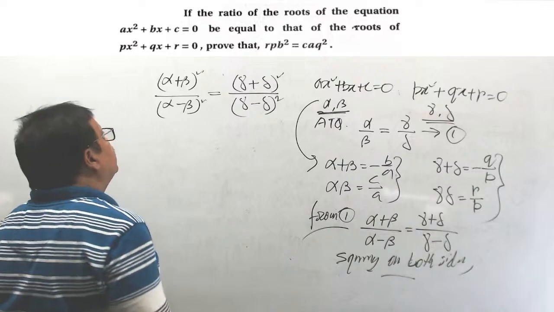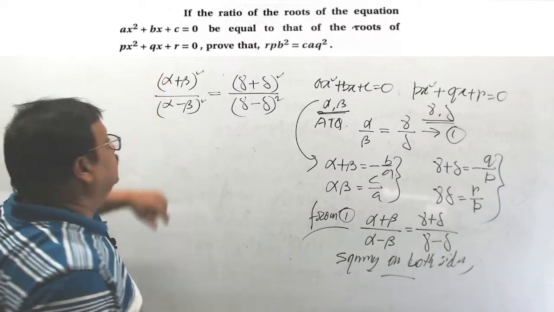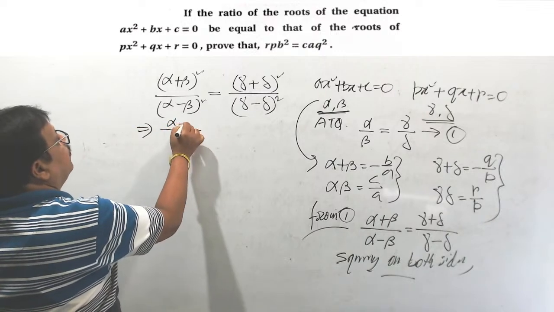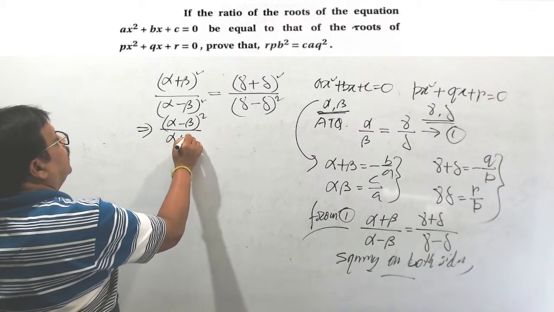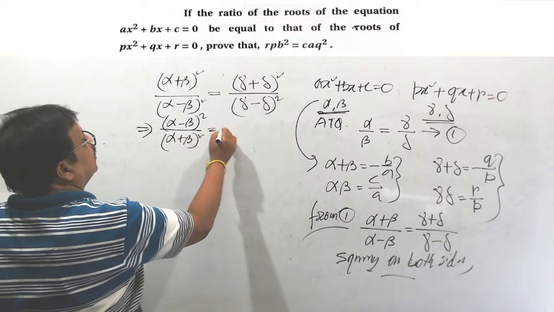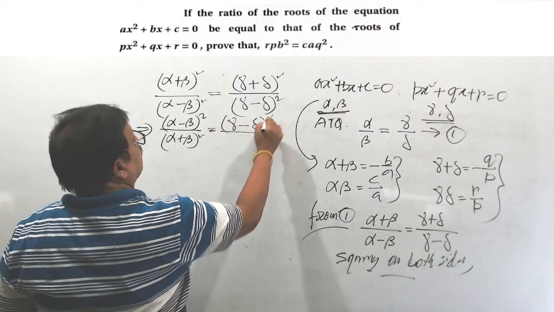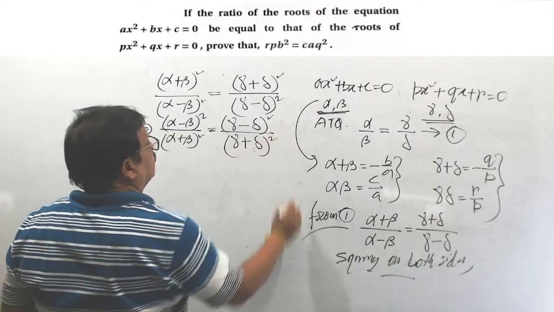Do one thing: first take the reciprocal. That means alpha minus beta whole square by alpha plus beta whole square equals gamma minus delta whole square by gamma plus delta whole square. Understood?